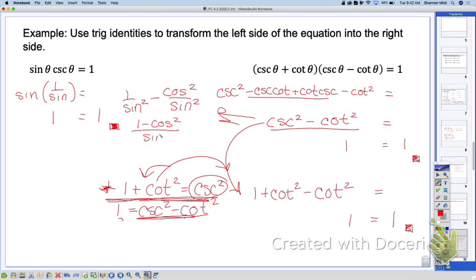Well, 1 minus cosine squared, Pythagorean identity, because sine squared plus cosine squared is 1. So if I subtract this over, it equals sine squared. So I'd have sine squared over sine squared, which is 1.